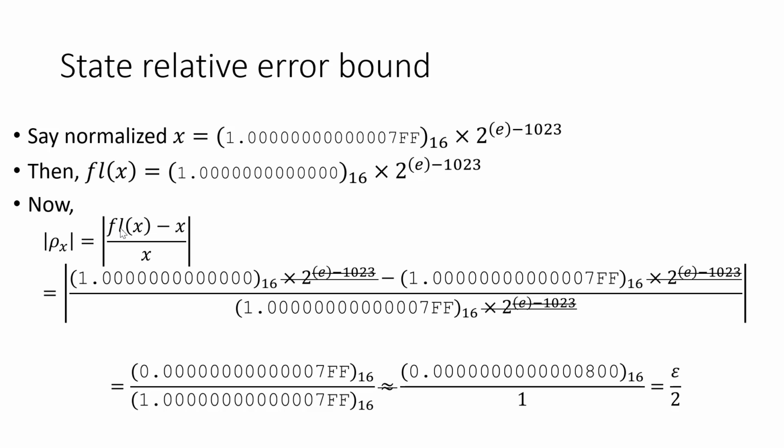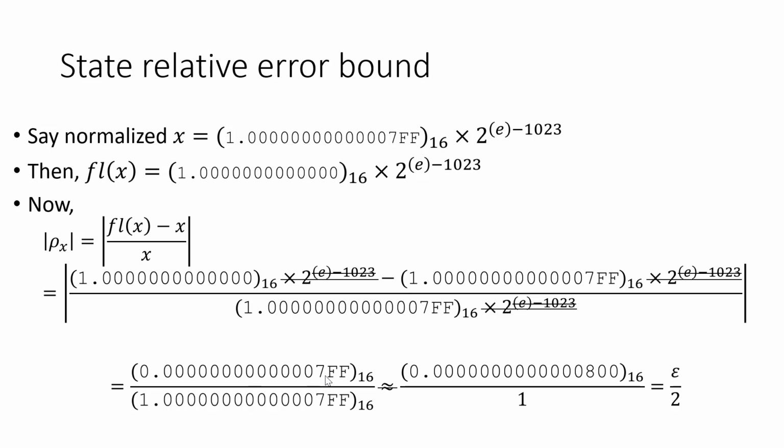So now when I do the relative error, I do the floating point value here, and I subtract off the true value, and then I divide by the true value. And as I was showing you before, the exponents just go away. They get killed, and we're left with just the significand shown in base 16. And if you notice, the 1 followed by the zeros there is going to subtract off the 1 followed by the zeros up to this point.